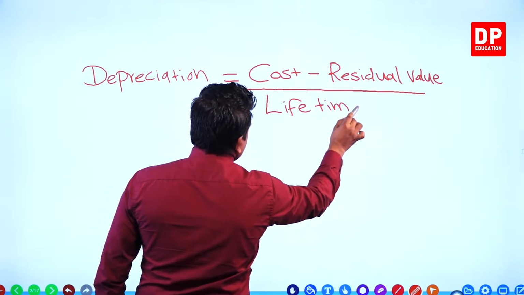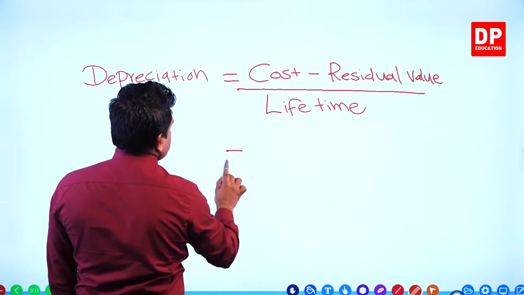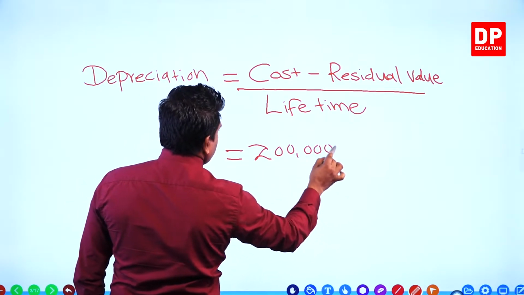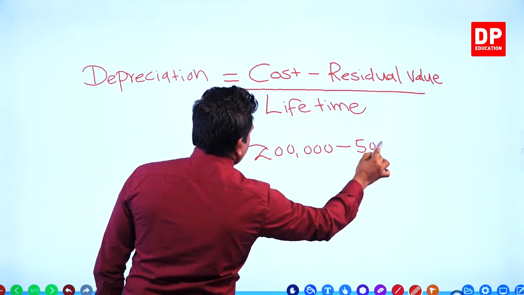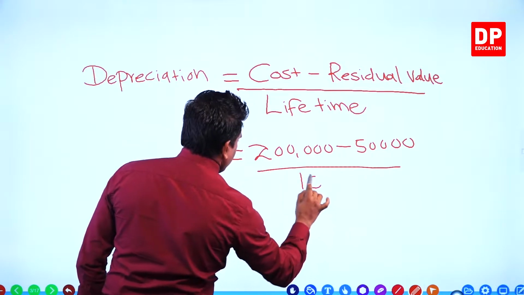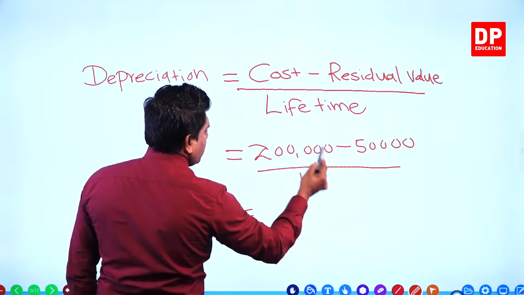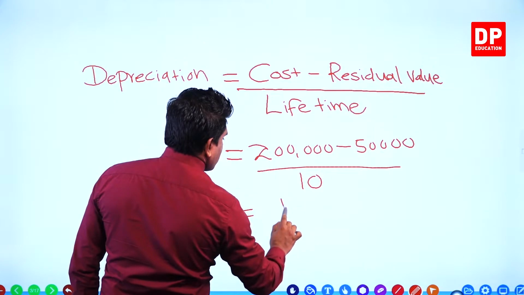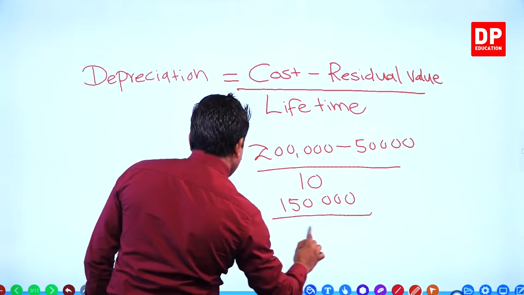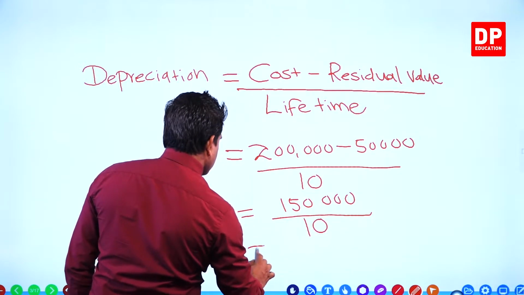Cost, how much? The question has provided it: 200,000. Residual value? They have given in the question, 50,000. Effective lifetime 10 years. Then 200,000 minus 50,000, how much? 150,000. How long is the time? 10 years.